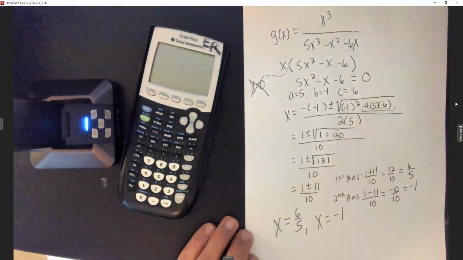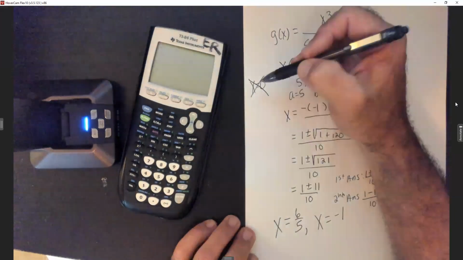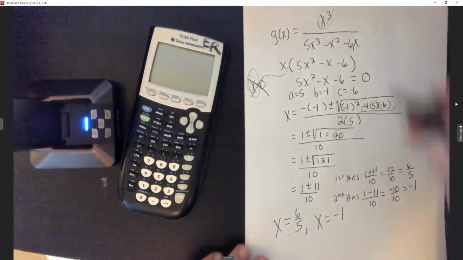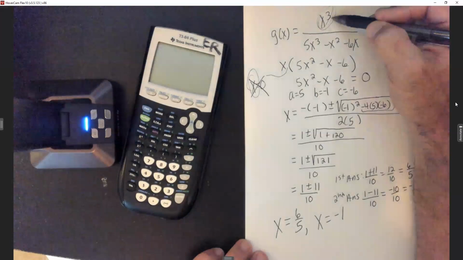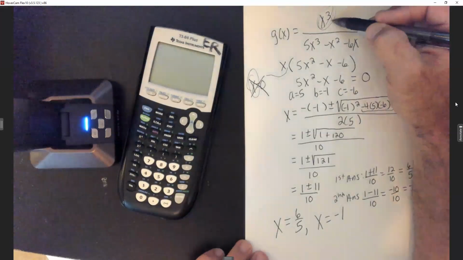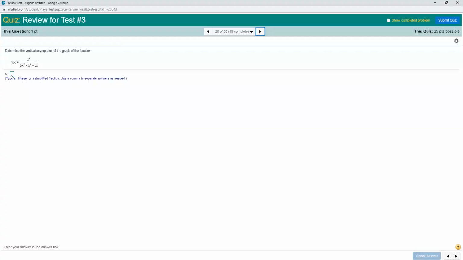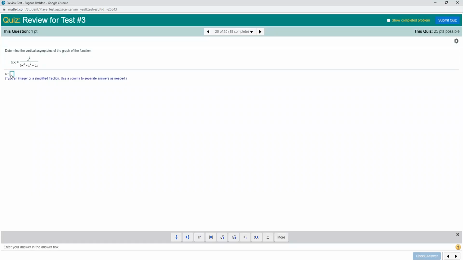So single variables will cancel with a single variable on the top, okay? Although that's got an exponent of 3, it still would be considered a single variable. So we would want these two, 6/5 and -1, on that MATLAB. So type an integer.